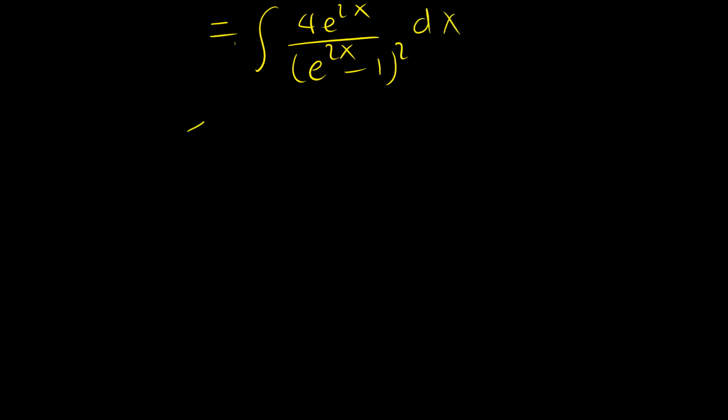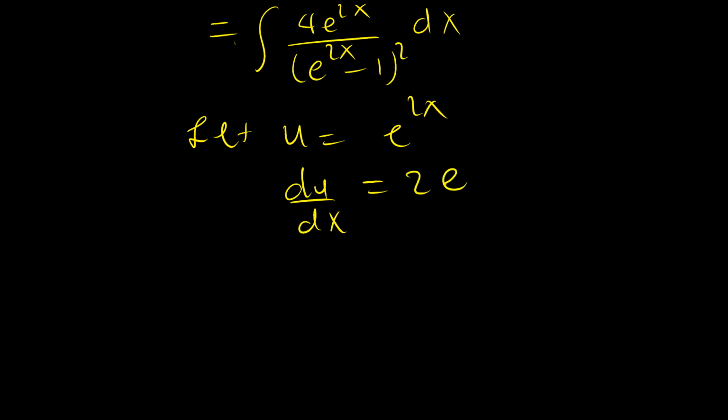I could say let u be equal to e to the power 2x, such that du/dx, the derivative of u with respect to x, is going to be 2e to the power 2x, and that means we can substitute du for 2e to the power 2x dx.